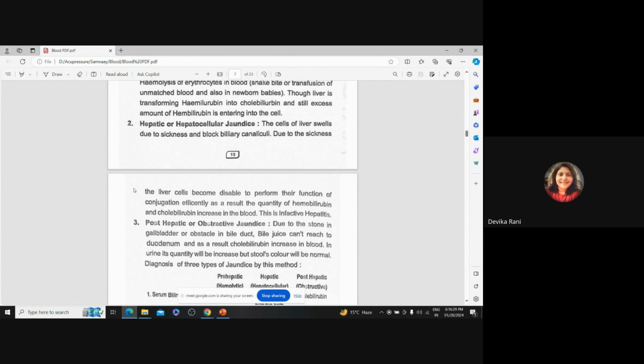So if it's not able to reach the intestine, then its quantity is directly increasing in the blood. So in urine, its quantity will increase, but stool's color will be normal here. The color of urine will become more yellowish or darker.